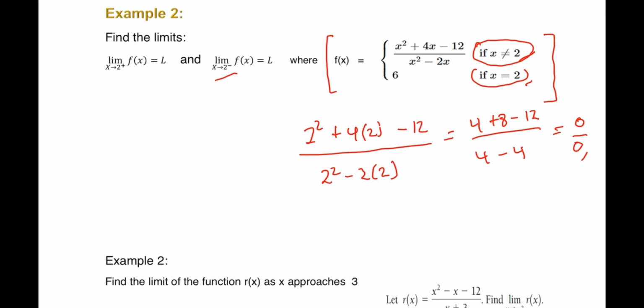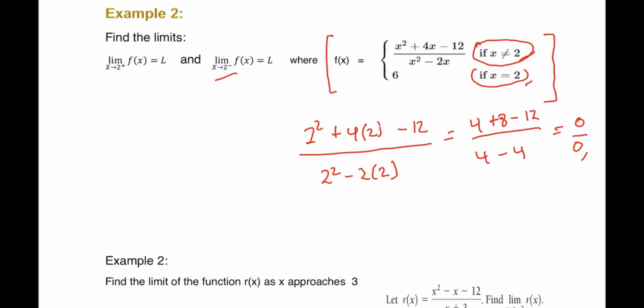Someone may say that this limit does not exist, but you can't conclude that as long as you have not done any neighborhood analysis for the function.